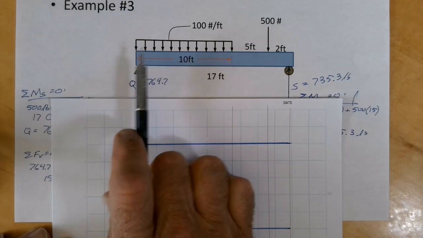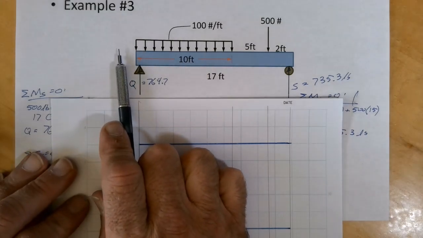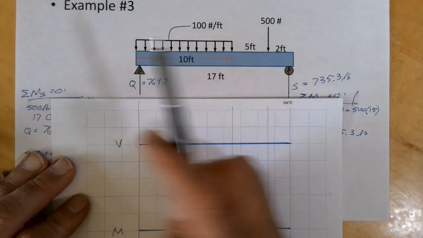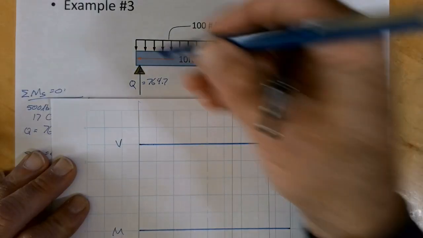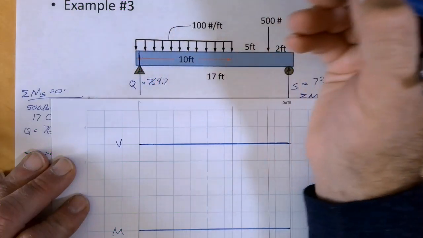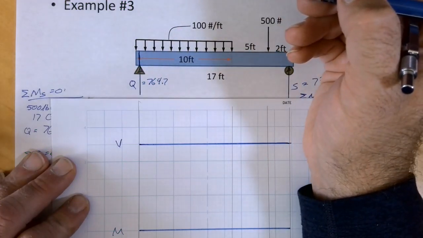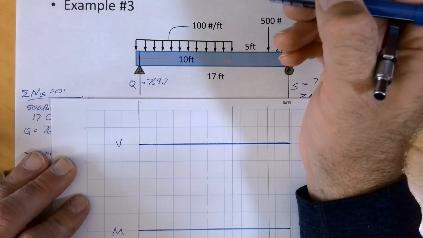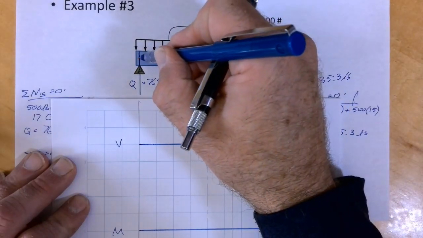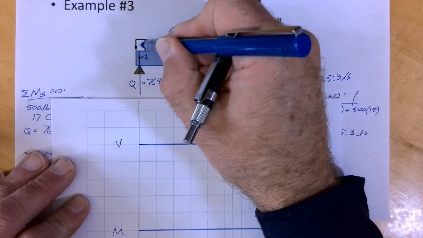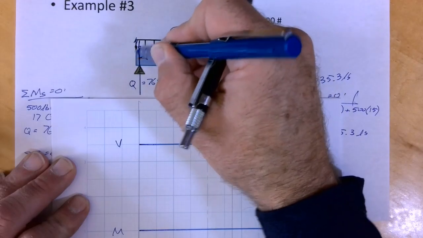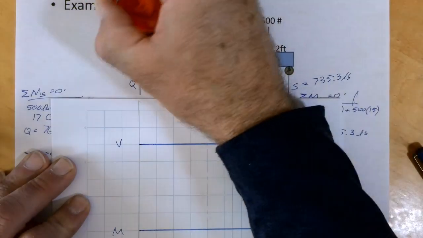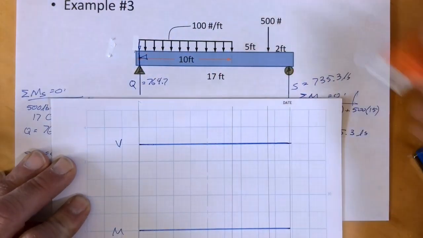Okay, so I'm going to start at the left as I cross the first load, and ideally this dimension should come to the center line of the support here. Let me just clean that up.